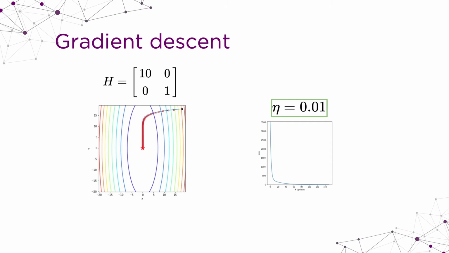But as soon as I arrive on the axis of y, it's super slow to converge. But at least I will converge to the global minimum. So this learning rate seems to work well on this direction, but it's too small for this direction.